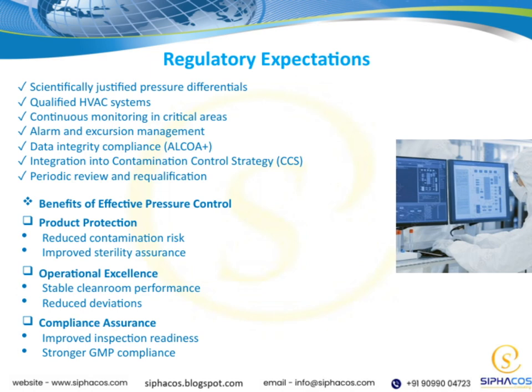Meeting regulatory expectations requires scientifically backed pressure differentials, qualified HVAC systems, continuous monitoring, alarms, and data integrity. All of this ties into a robust contamination control strategy, with regular reviews and requalification to keep everything on track.